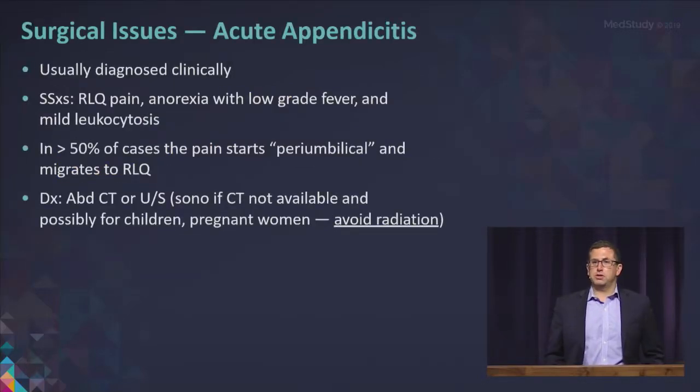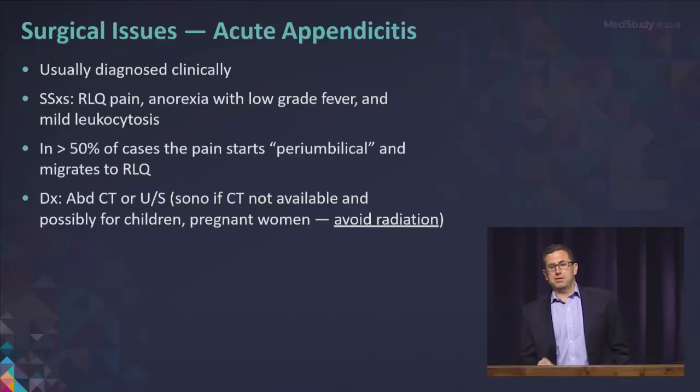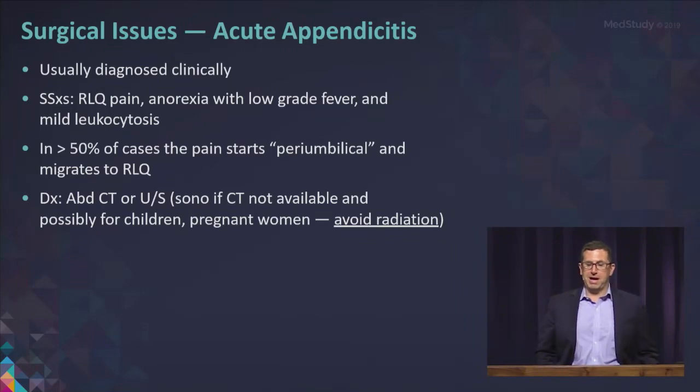So, some surgical issues in luminal bowel disease: acute appendicitis. This shouldn't say diagnosed clinically, it should usually be suspected clinically, right? One of the classic presentations is periumbilical pain that starts in that area and then migrates to the right lower quadrant. The patients may have anorexia, mild leukocytosis on labs.